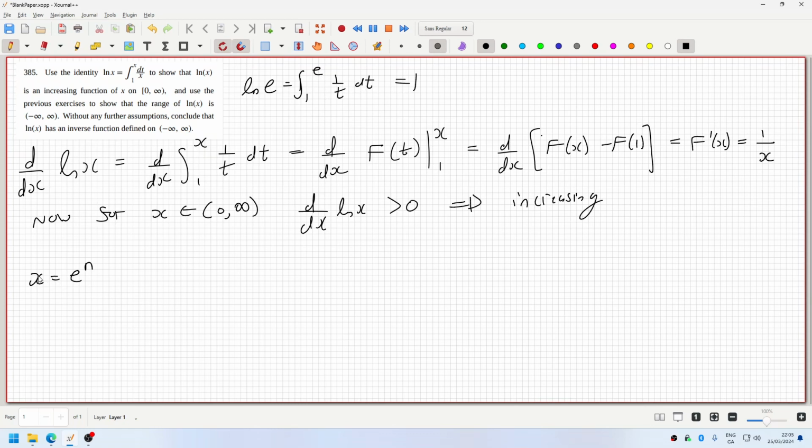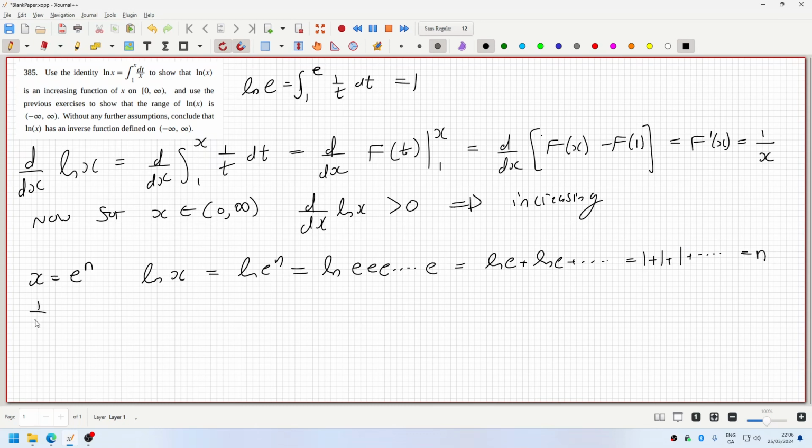So x equals e to the power n, then log x equals log e to the power n, and then using the product rule we just established, that's log e plus log e, etc., which would be 1 plus 1 plus 1, etc., which would be n.